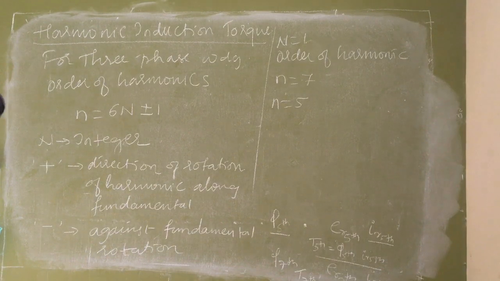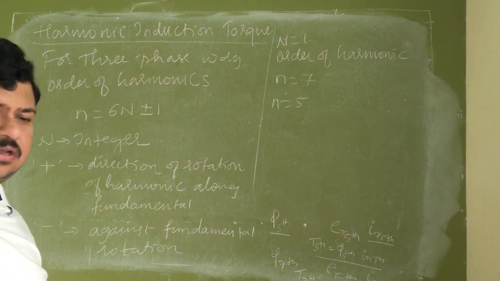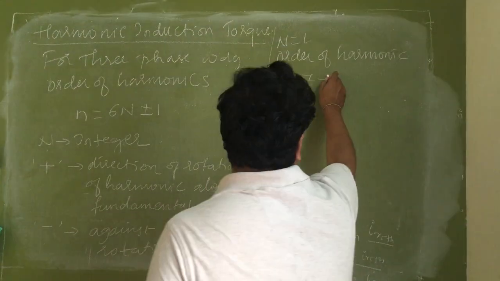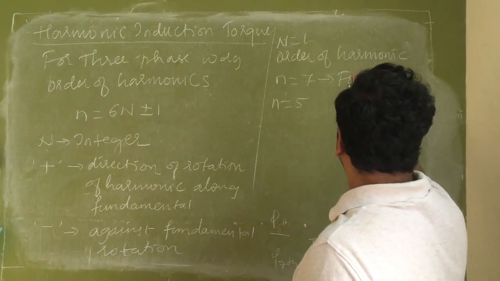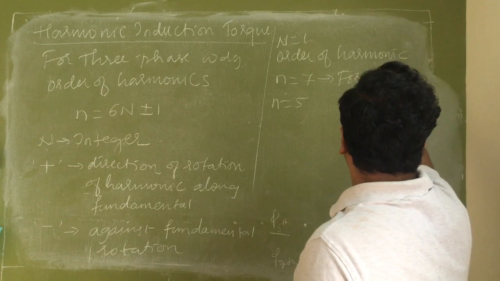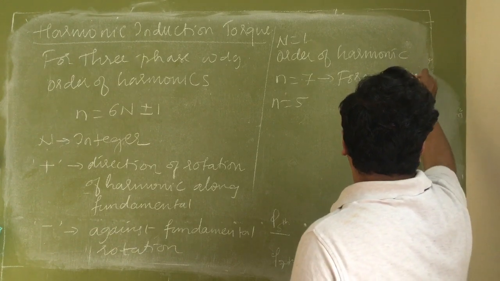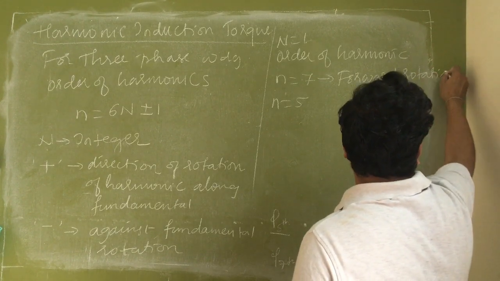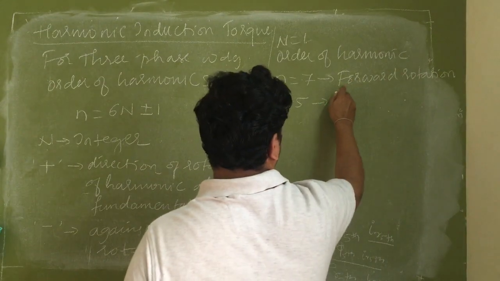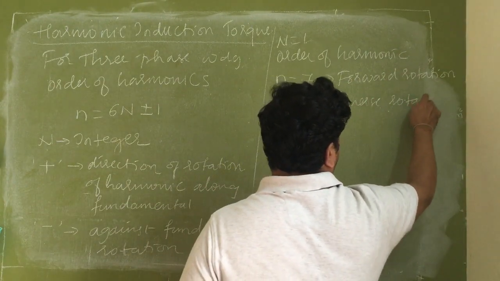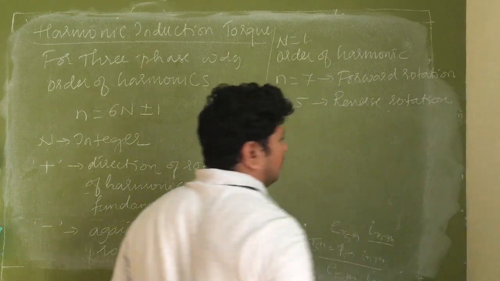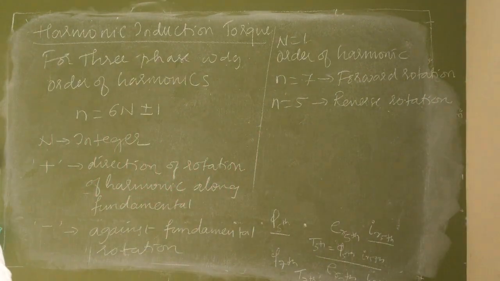The orders of harmonic will be 7 and 5, both will exist, such that the 7th order harmonic is forward rotation, whereas the 5th order harmonic is reverse rotation.